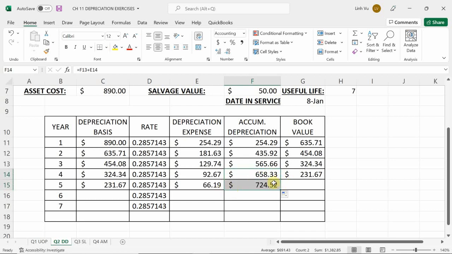Yep, 724.52, which minus your cost of 890 will give you a remainder of 165.48. Oh, 890 minus 724.52 should give you an 8 at the end. All right, so then that carries over to the next year.